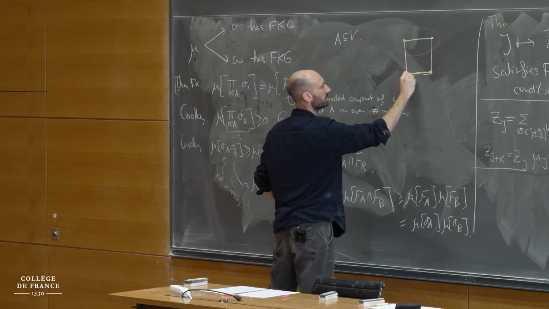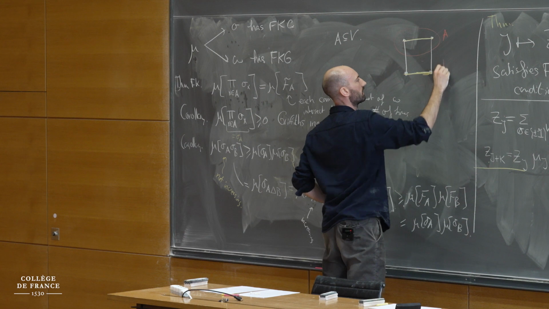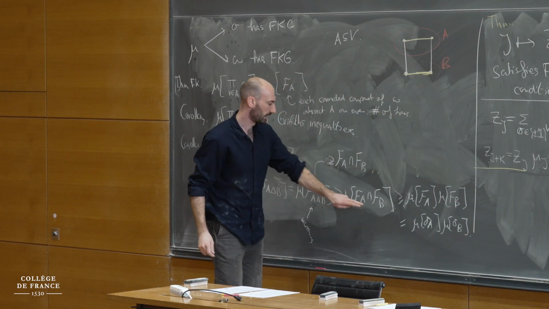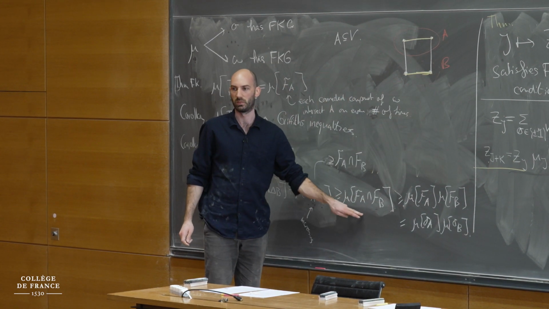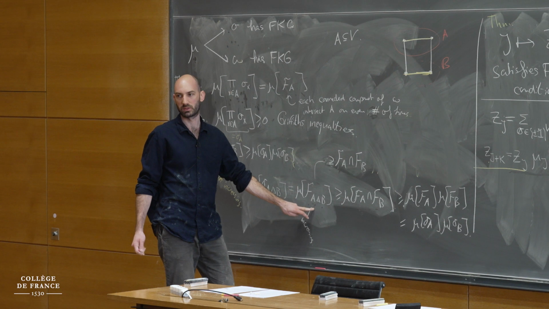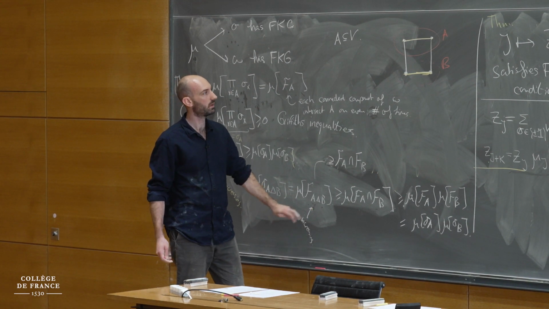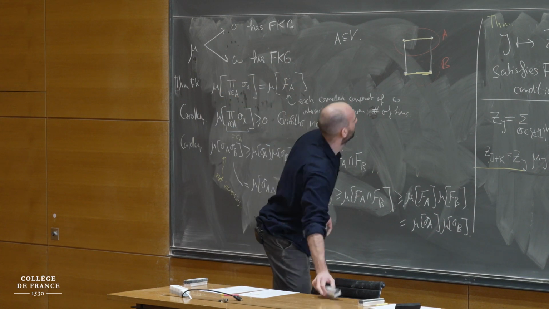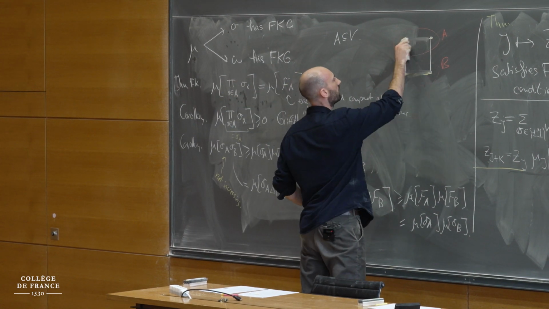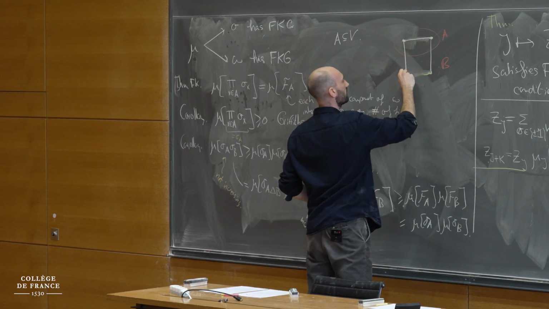So for example, in this case, if this is A and this is B, then we see that the parity condition is satisfied for both sets. And it's also satisfied for the symmetric difference, which is just a union. Okay? But now suppose, for example, that we look at this configuration.